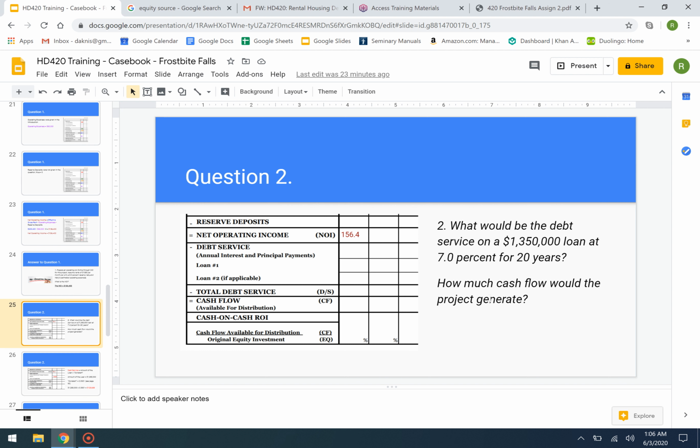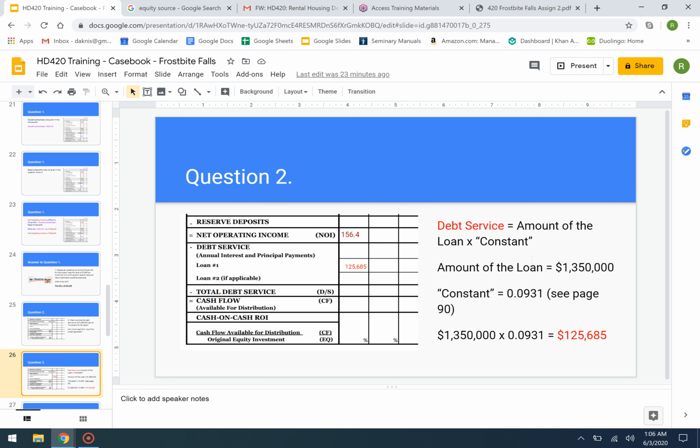You take the 7% on the left-hand row side, and then you look for the 20 on the columns, and that's where you'll find your constant. So you take the loan amount of $1.35 million and you times it by the constant 0.0931 to get a total of $125,685. That is the debt service on this project.